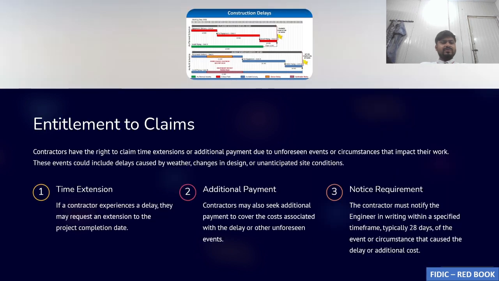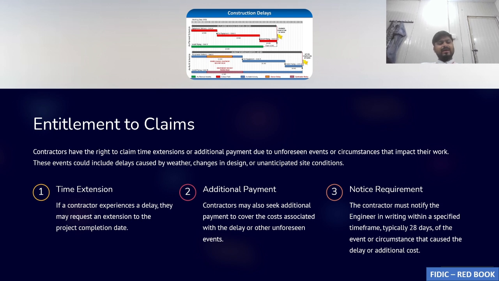All right, so now let's see entitlement of the claim. If any type of hindrance occurs at the site level, then within 28 days as per this clause, the contractor has to notify the employer that this hindrance has occurred at the site level, that it has impacted our schedule, and that this much extra cost has been incurred because of this hindrance, which was your fault.